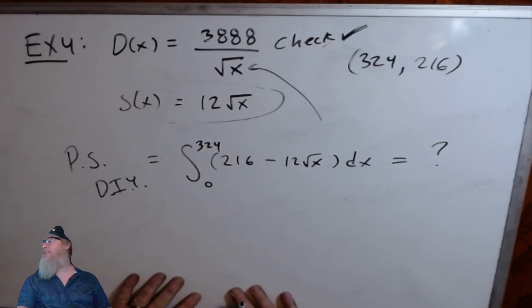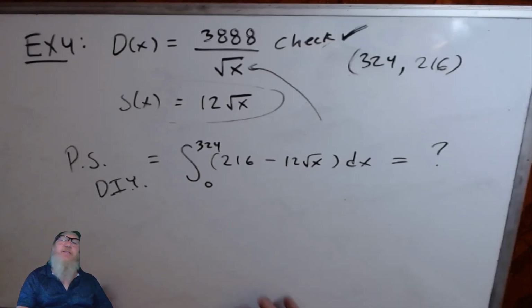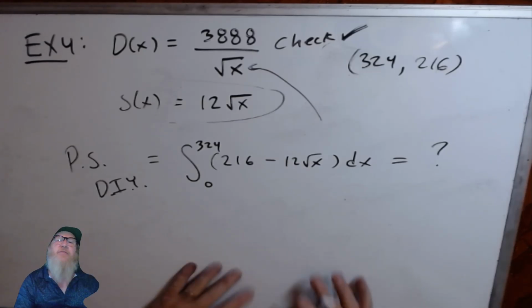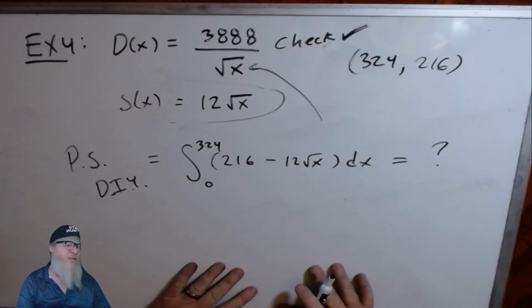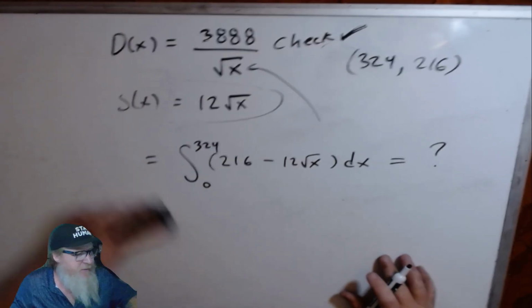Well, the last example is one with a horizontal shift, which I think is interesting to look at the graph of. So maybe I'll draw the graph of this.